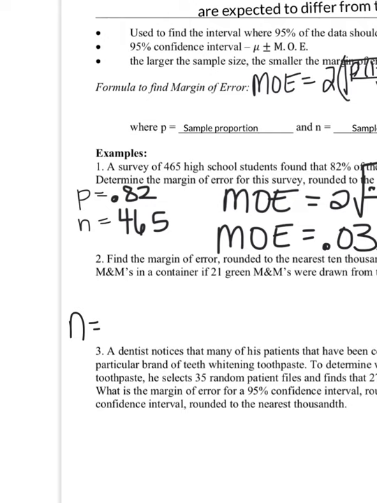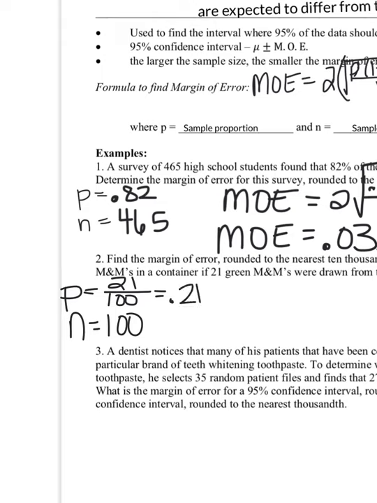Our container contains 100 M&Ms. P is the proportion. So in this case, what proportion of those 100 M&Ms were green? It doesn't give you a percentage, so that would be 21 out of the 100, which would be 21%, or 0.21.